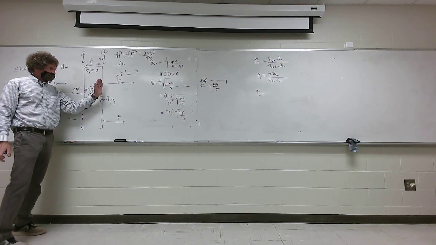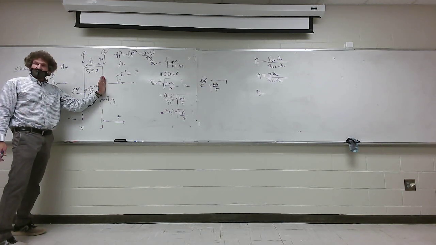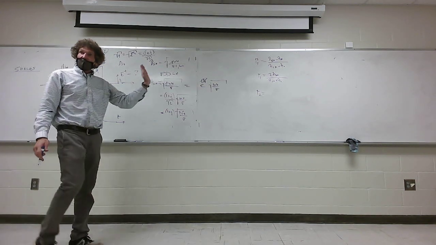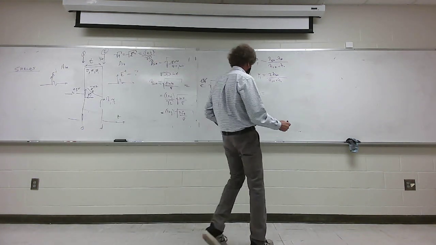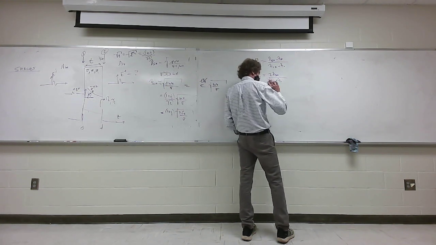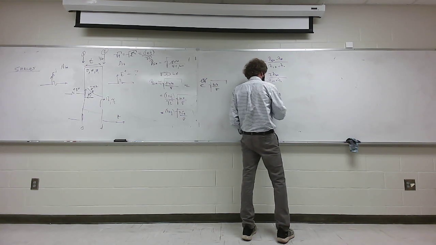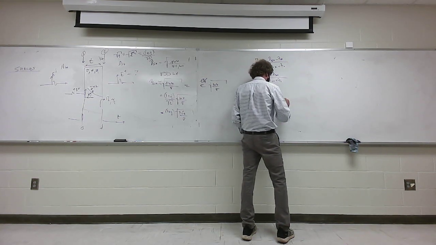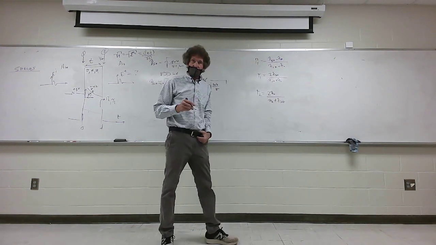Now when I go from shield, in region 2, it goes from shield to free space, right? So the eta I'm going into would be eta naught. So the transmission coefficient would be 2 times what I'm going into, which would be eta naught over eta naught plus eta shield. Do y'all agree with what I've shown you so far?